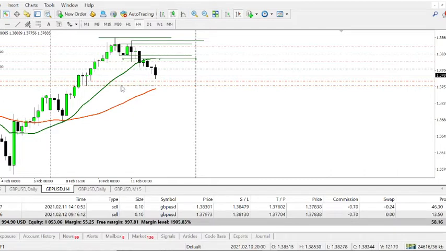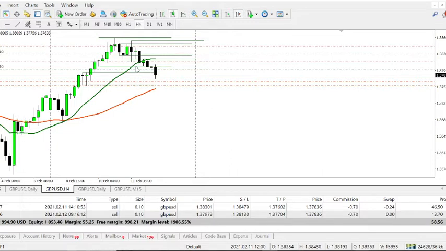So these are the regions I'm talking about, the lowest of the swing, and this is the highest of the swing. Those are rejection points which you can use to predict where the resistance regions will be.